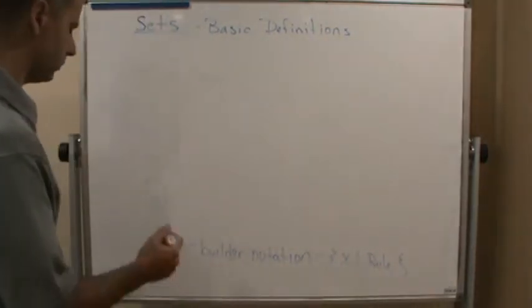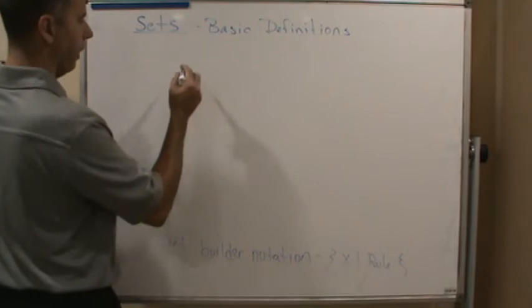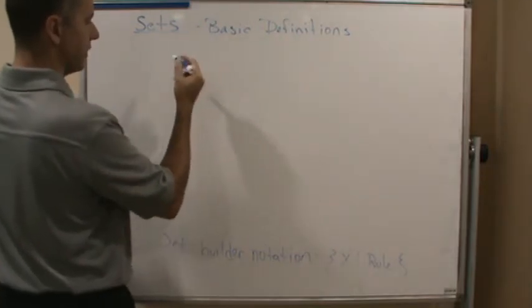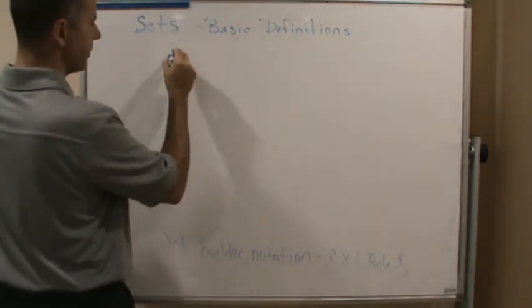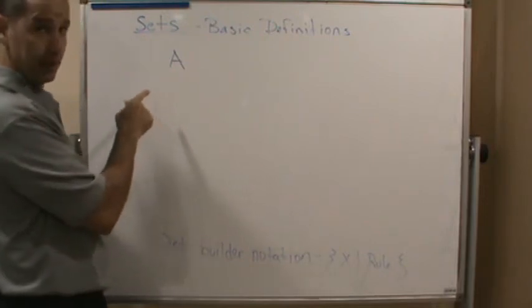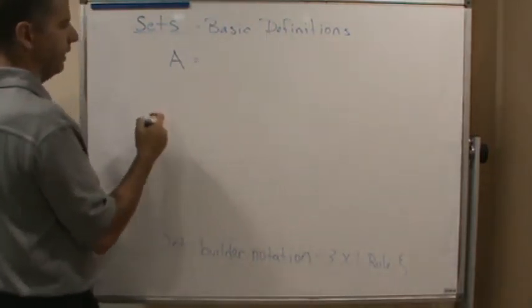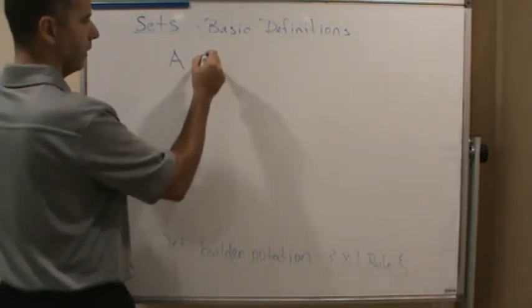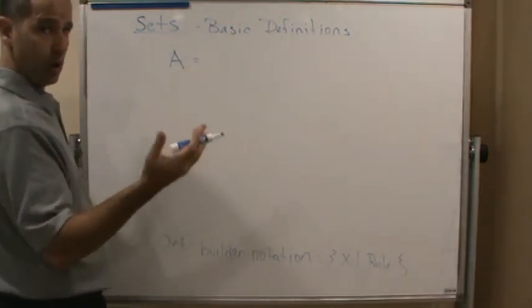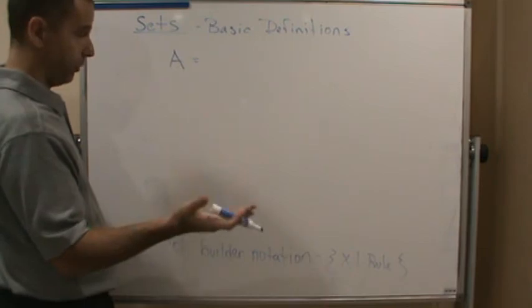Let's do that. If I want the set of all numbers that are less than 3, and let's call this set A. We usually use capital letters to denote sets. So let's say set A is the set of all natural numbers less than 3.